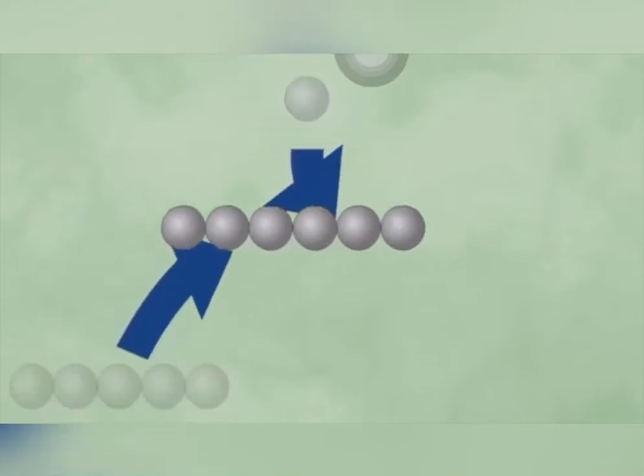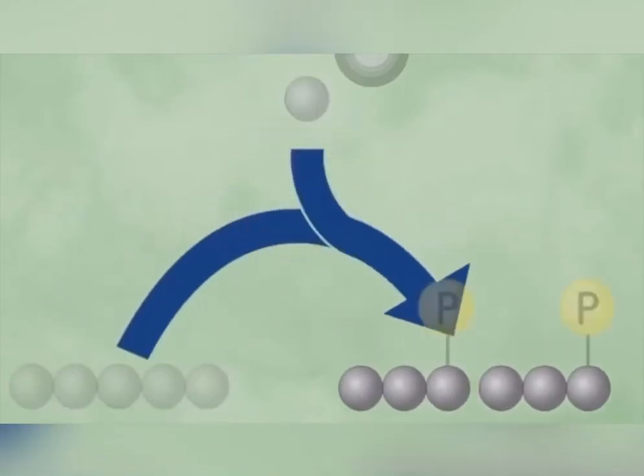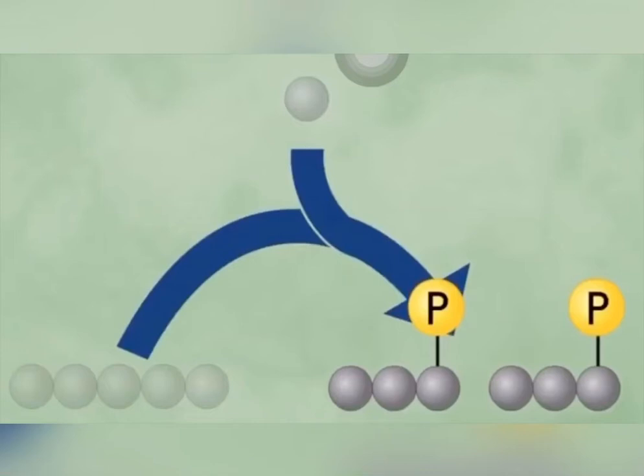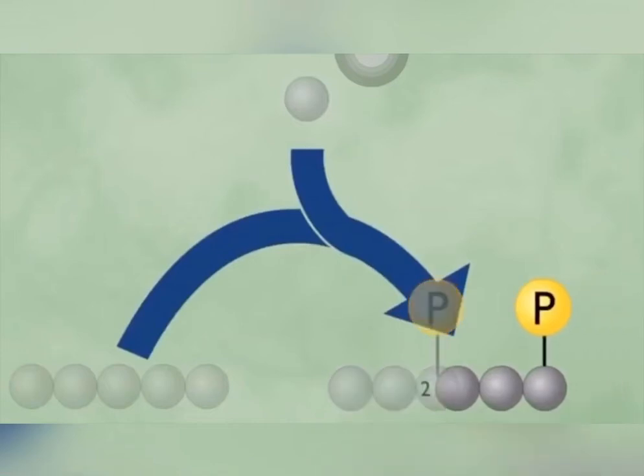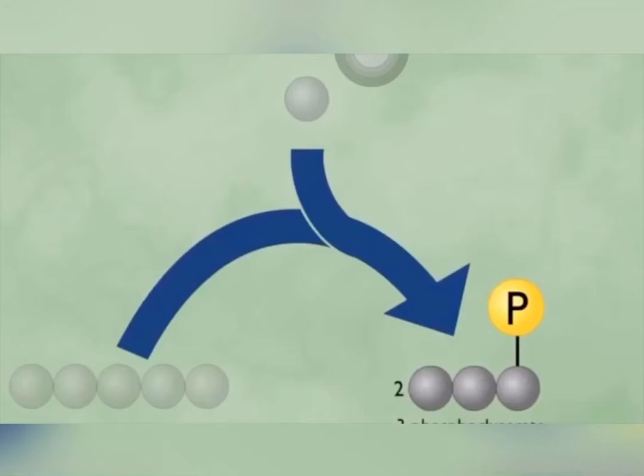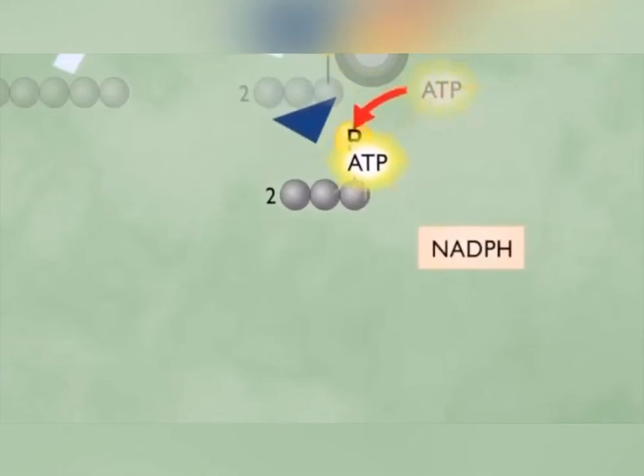During the Kevin cycle, carbon dioxide, CO2, is added to a 5 carbon molecule called RuBP. The resulting 6 carbon molecule is unstable and quickly splits into 3-phosphoglycerate.